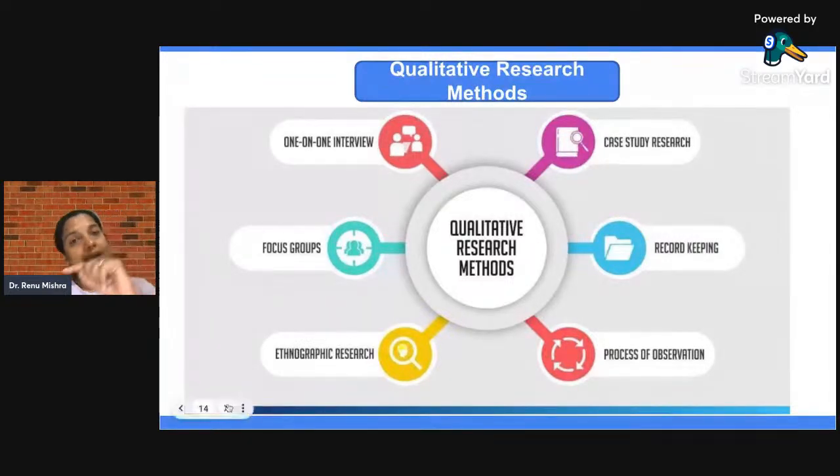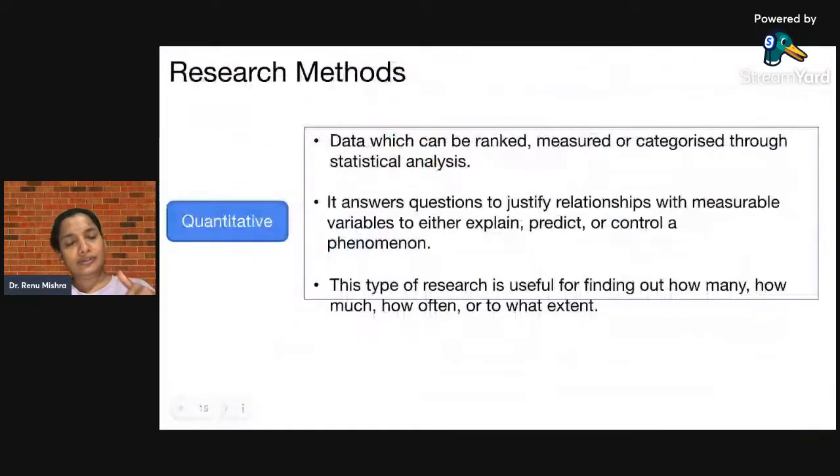Now the next one is exactly the reverse of that: the quantitative research method. For example, how much do you agree that Louis Vuitton gives you good quality? That's my question. Strongly agree, agree, neutral, disagree, strongly disagree.